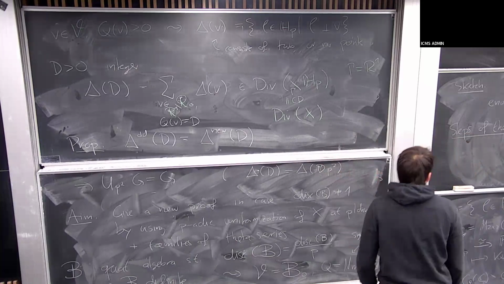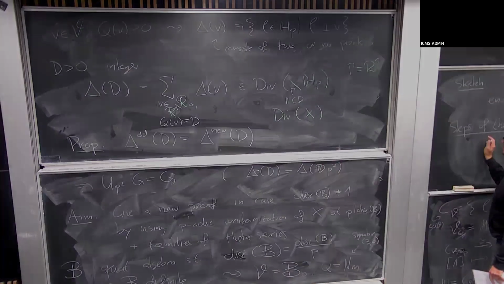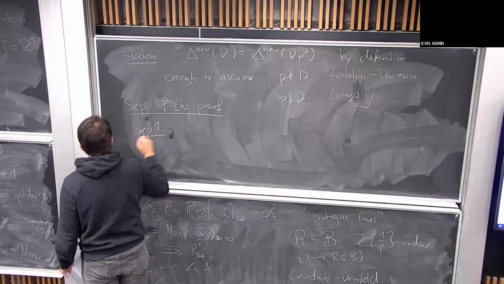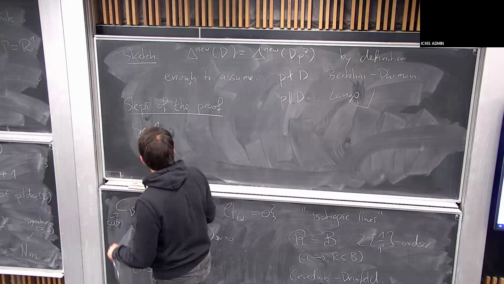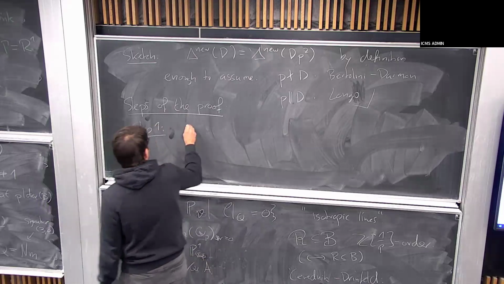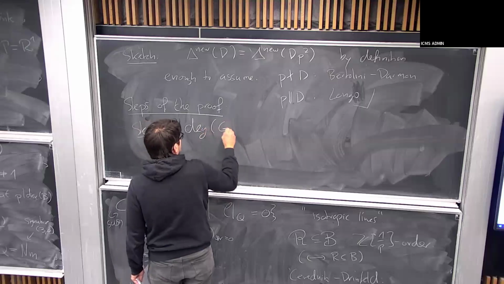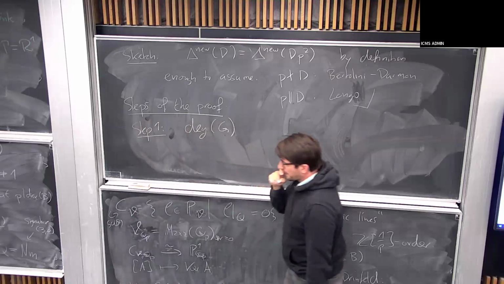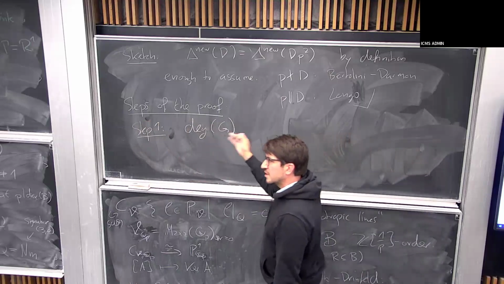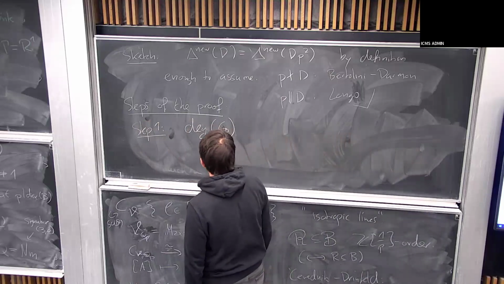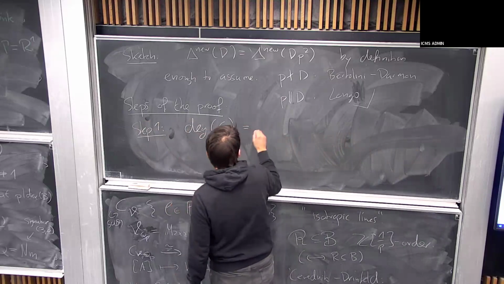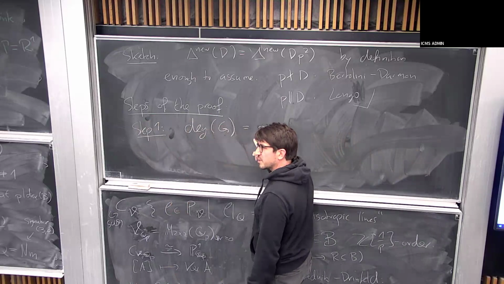But anyway, let me go to the steps of the proof. So step one, which is actually quite a fun calculation, but I won't say much on that. The first thing you might want to do is look at the degree of G. So you have this generating series in the Picard group, and you map every coefficient to its degree. You want to show that this is modular, and you can actually write down explicitly what this is.